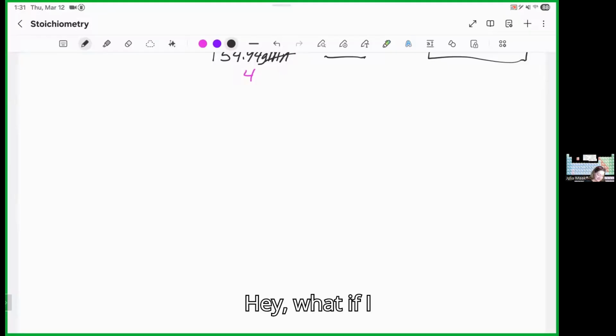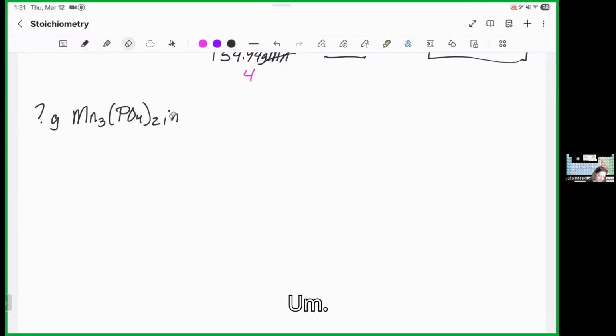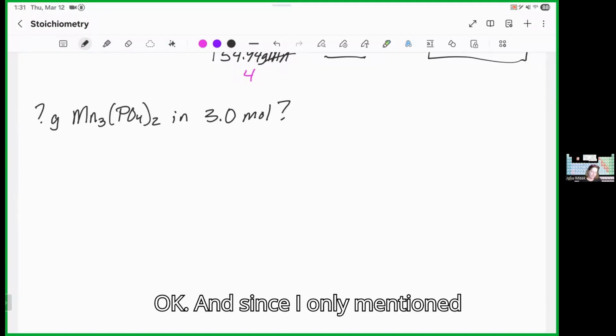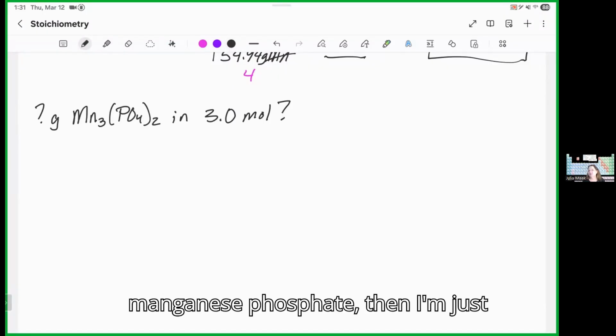What if I said how many grams of manganese 2 phosphate in 3.0 moles? Since I only mentioned manganese phosphate, I'm just talking about manganese phosphate.